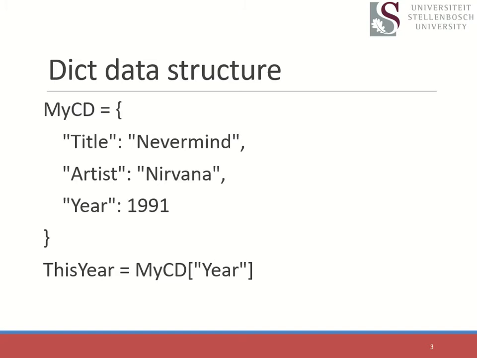It has the key artist, with the value Nirvana, and it has the key year, and that's a numeric value, 1991. You can access the value for an individual key by saying myCD, in this case, supplying the key year. So the reply to this is that year is set equal to 1991. That's a dict.